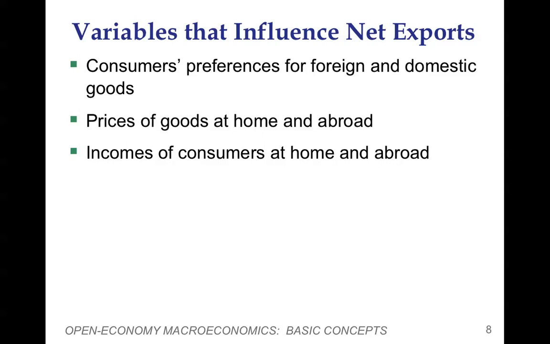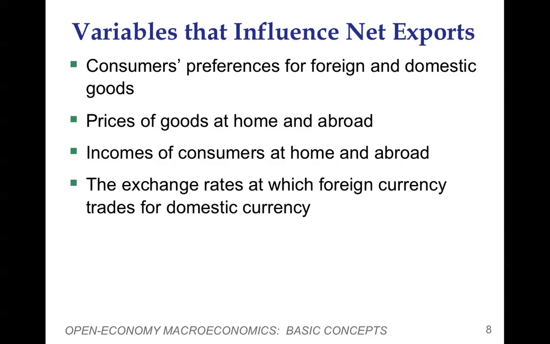Incomes of consumers at home and abroad. If our incomes go up here at home, we will probably be buying more imports. And if incomes of consumers abroad go up, they will be buying more of our exports. Exchange rates, in which foreign currency trades for domestic currency.